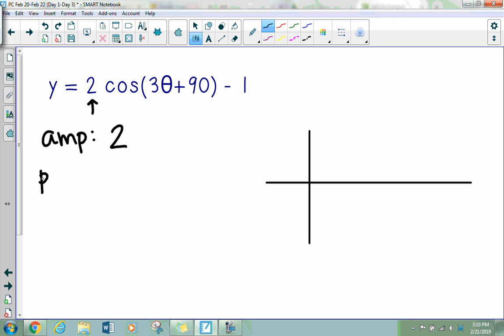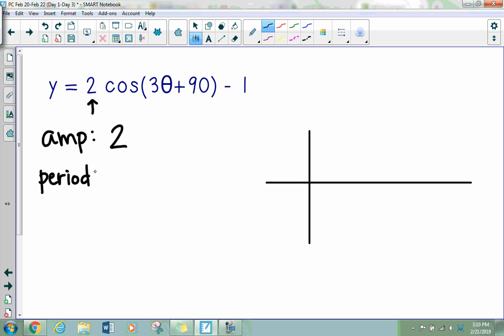We also want to know what the period of the sine or cosine function is. A normal period in degrees would be 360 degrees because it takes 360 degrees for sine or cosine to go through one full cycle of its curve.